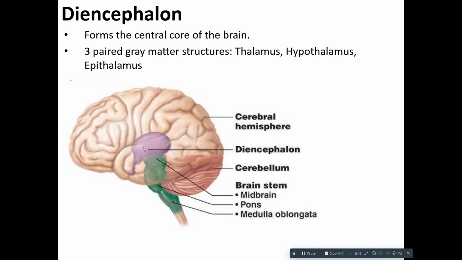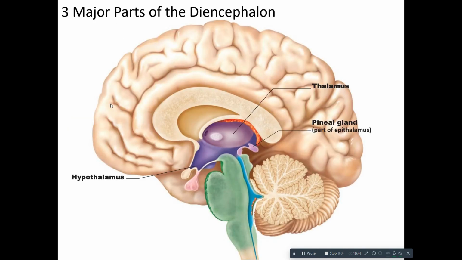So I can see my diencephalon right here, covered up by my cerebrum. If I slice my brain mid-sagittally, this entire area is the diencephalon as a whole.